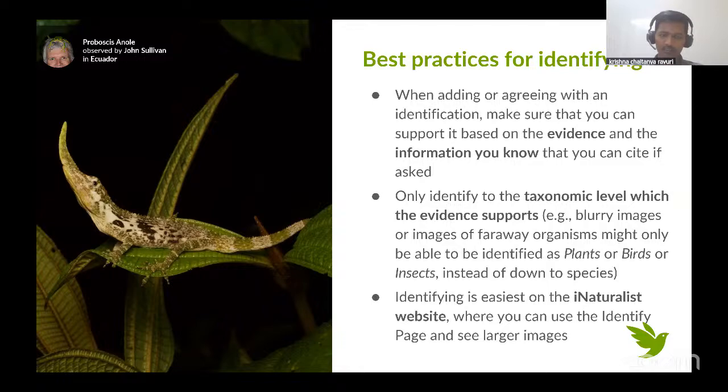That's not entirely necessary. Because of that, you can't always get it to a species level. If it is a plant and you see only a picture of the leaf, it's very difficult to confidently say the species.